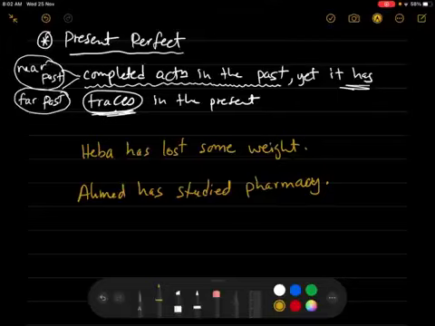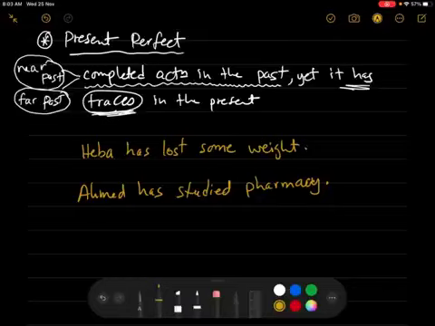On the other hand, with the past simple, we can specify the point of time in the past in which the action was completed. When I say I ate chocolate 2 hours ago, I can't say I have eaten chocolate 2 hours ago. That's wrong. So with present perfect, we cannot specify the point of time in the past in which the action was completed.